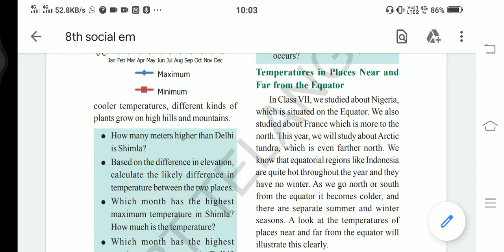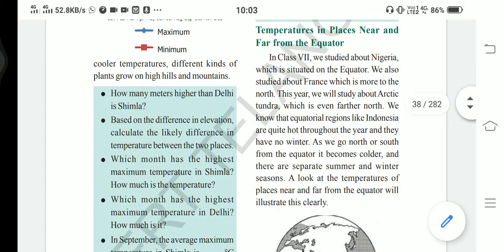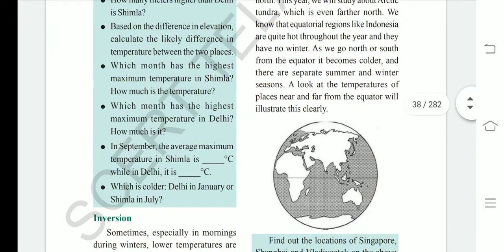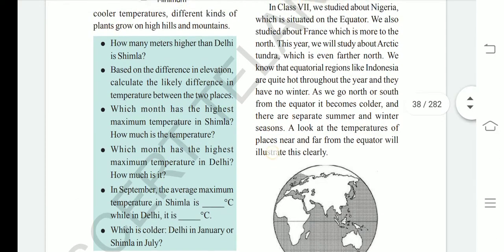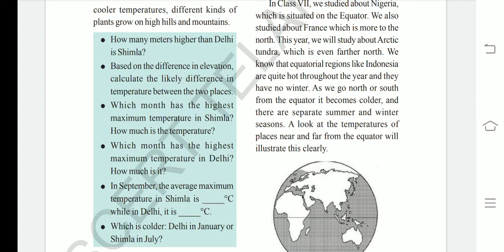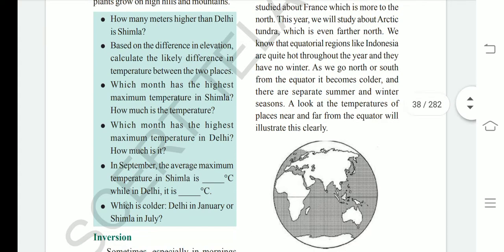And second is the height of the place, right? The temperature at hill stations is less than the temperatures near the earth's surface. For this also we have taken one example, that is Delhi and Simla, right? Delhi is located at 200 meters above sea level, whereas Simla is located at 2,200 meters above sea level.